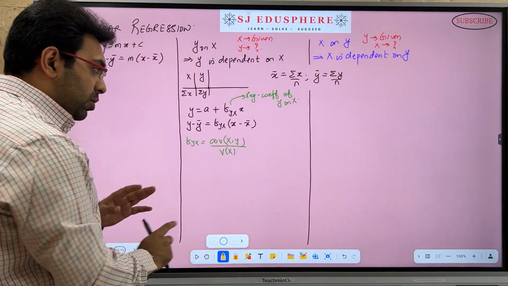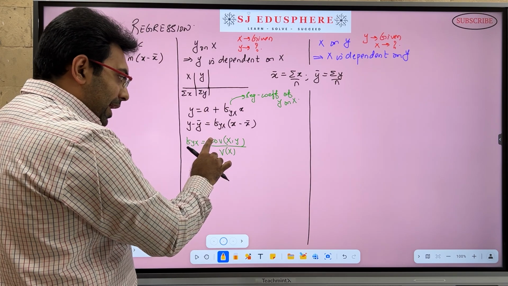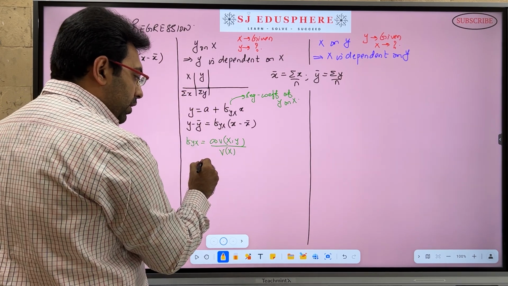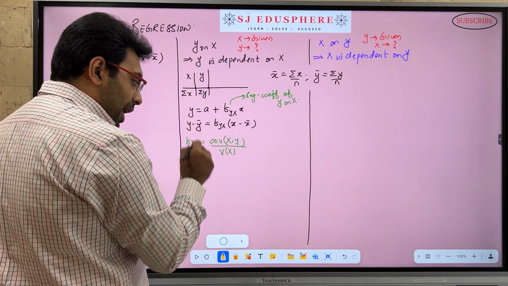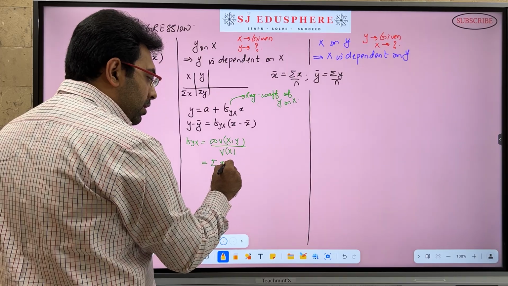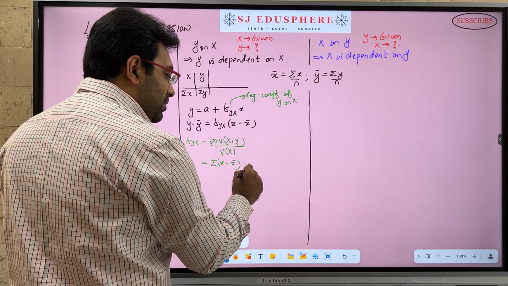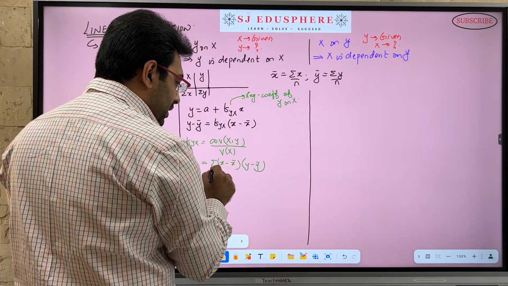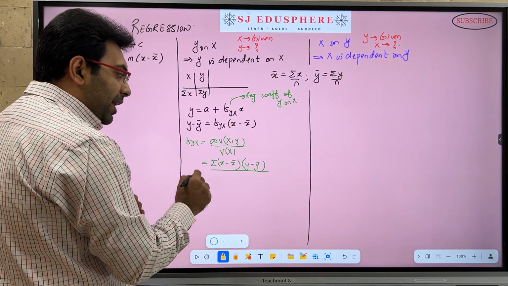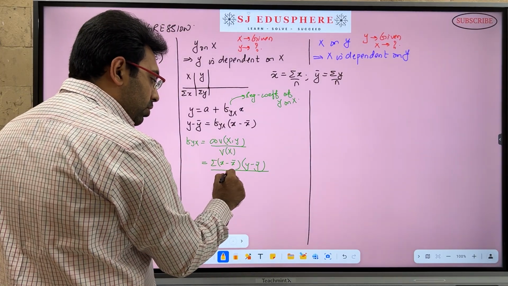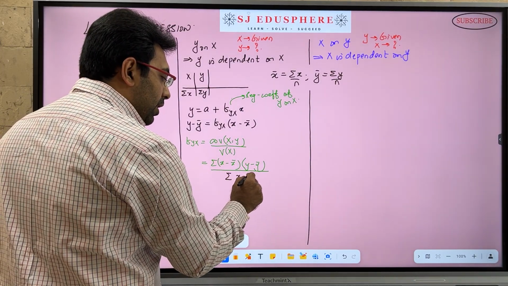So again, do not learn it by heart. Can I say my numerator over here remains the same? I can use the first formula, summation x minus x bar, y minus y bar. You want y on x, so down you will only have the x term.